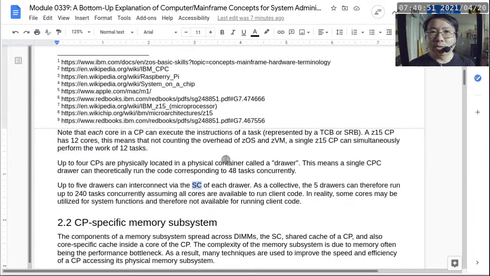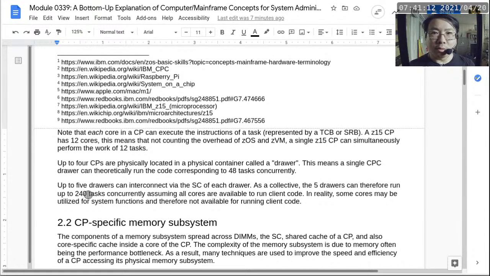And in that case, you're multiplying 48 by 5 and ending up with 240 tasks that can run concurrently using your 5 drawers, and each drawer has 4 CPs and each CP has 12 cores. And this also does not include the HyperThreading technology that I was just talking about.